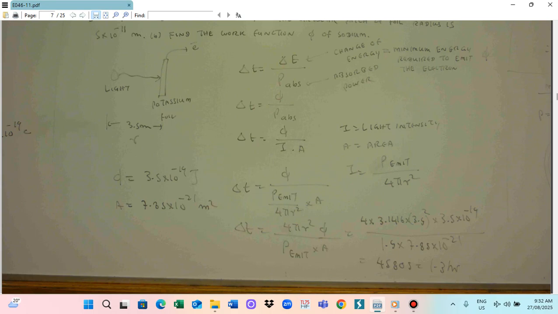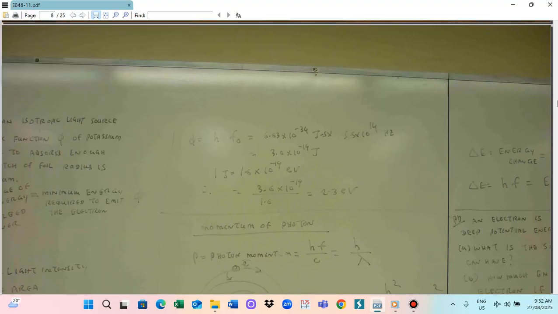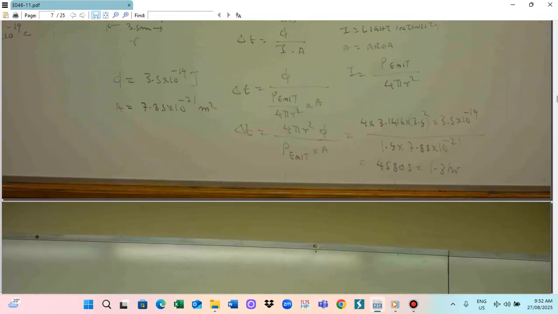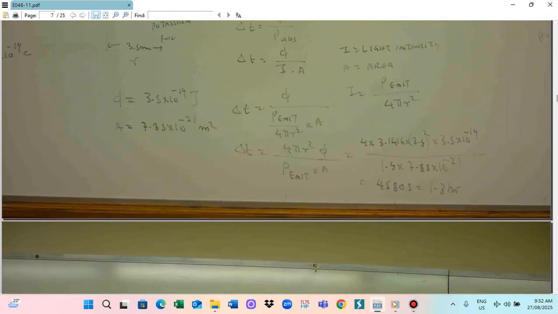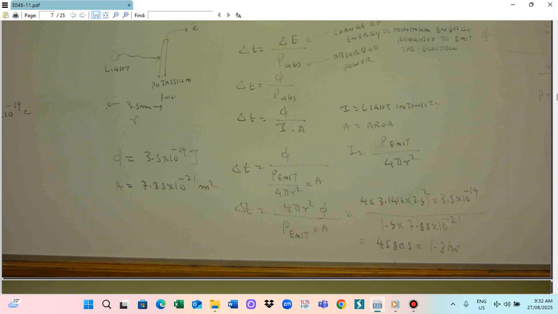The area A is also given, in meter square. The area A of the electron can also be calculated: A is equal to 7.85 into 10 power minus 21 meter square. So those things we substitute here.